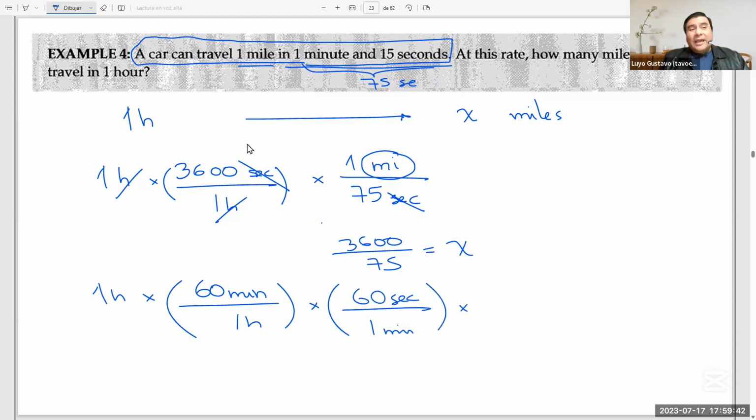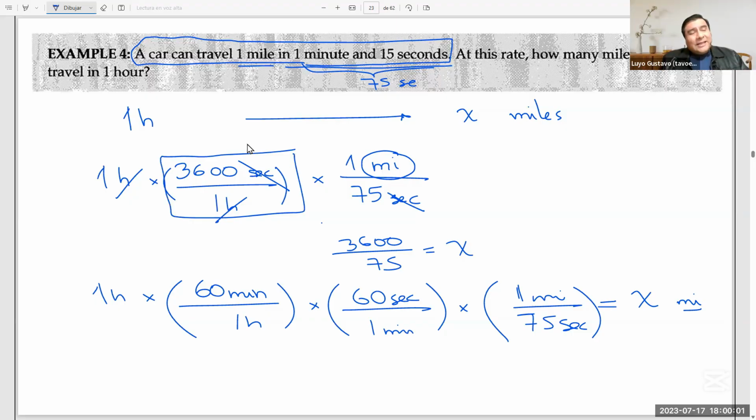And then, okay, seconds to miles. So 1 mile equals 75 seconds for this car. And this product, of course, will yield exactly the same value in miles, okay? Because by using just this conversion factor, it's like replacing these two factors together. It would yield the same. So even if you do this, it's not bad if it is clearer for you.